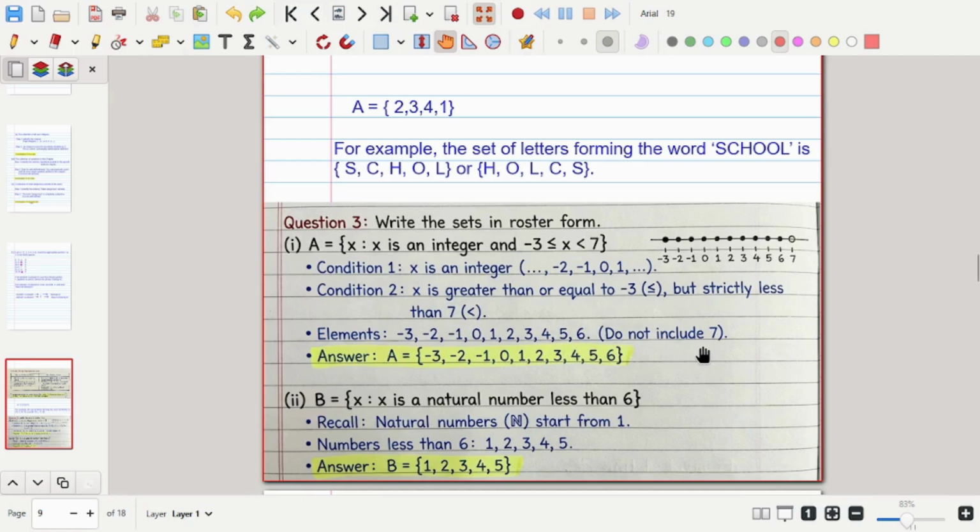Do not include 7 because x is less than 7. So the set A is equal to the set of minus 3, minus 2, minus 1, 0, 1, 2, 3, 4, 5, 6.